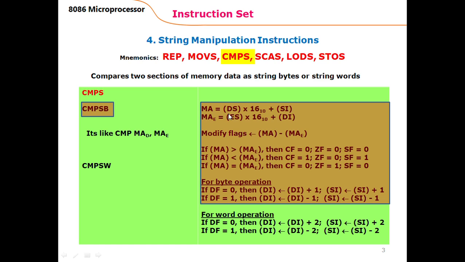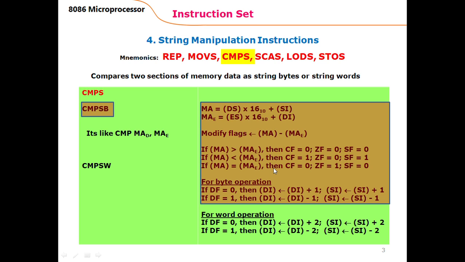And for that, the data segment starting address is computed by taking the 16-bit number from the data segment register, left shifted by 1 hexadecimal digit, and the source index offset address is added, so a physical address is calculated for the source operand.